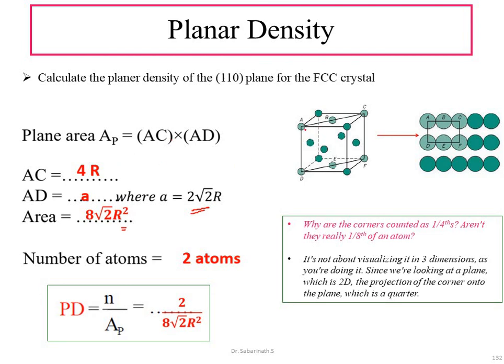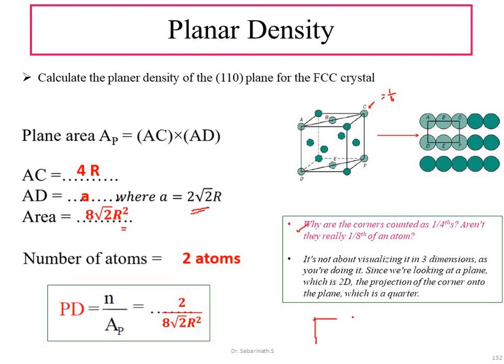It is very important here: in our volume aspect, the contribution of the atom in the three-dimensional view will be 1 by 8. But for calculating the planar density, there is a slight change.